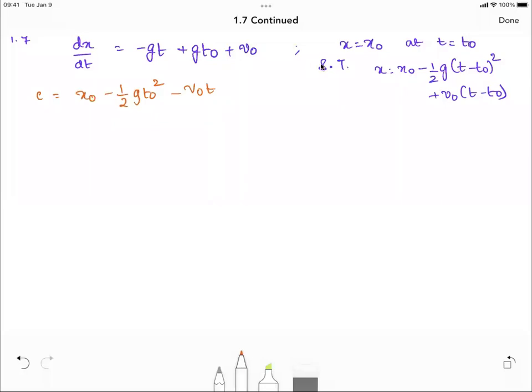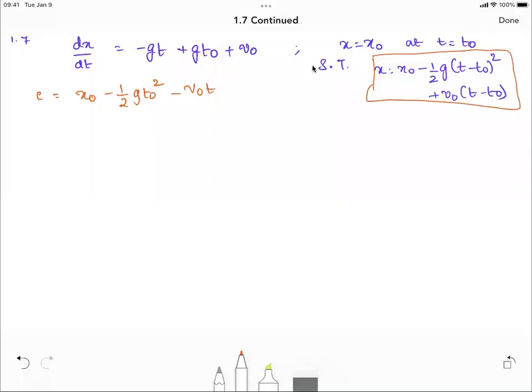Okay, now that we have found the integration constant, we have to show that x is equal to this value. So from our prior indefinite integration, we have x equal to negative g times t squared by 2 plus g t0 times t plus v0 times t plus the integration constant c.